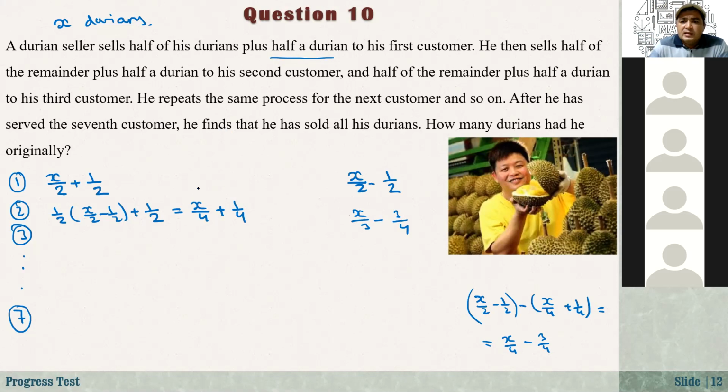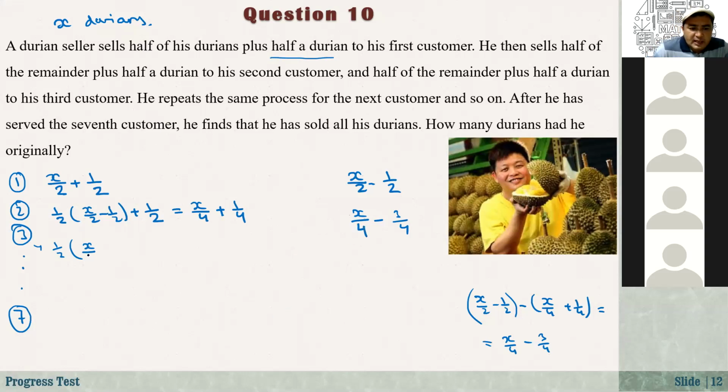It says that again, then plus to his second customer, and half of the remainder plus half a durian to his third customer. Let me also write to the third customer. 1 over 2, the remainder is x over 4, right? This should be x over 4.